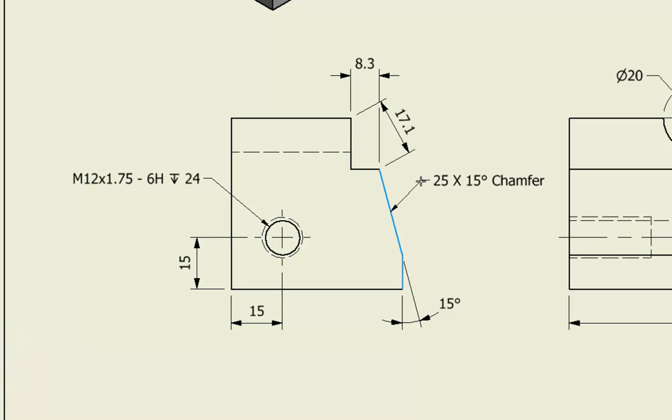You'll see that that's a 25 millimeter long, 15 degree chamfer. So there's 25 millimeters of material missing off this face, and it's a 15 degree chamfer. So that was actually the one I want. You can see there again, the way the dimensions behave, the way they display, depends on the objects you pick and the order you pick them in.